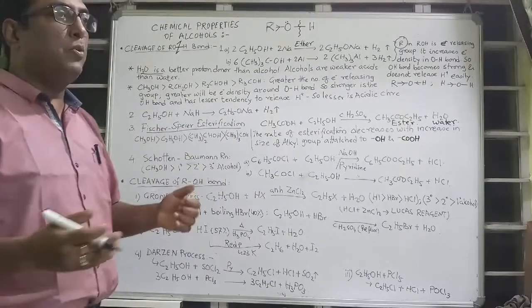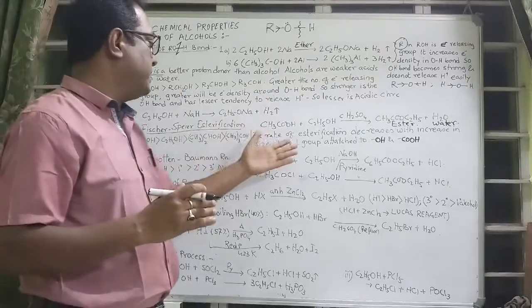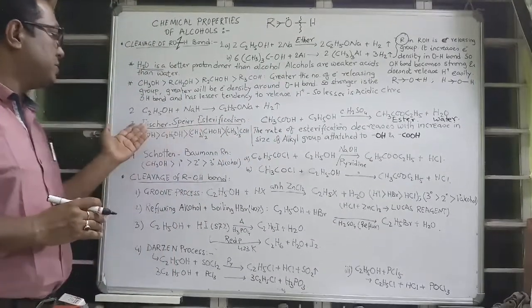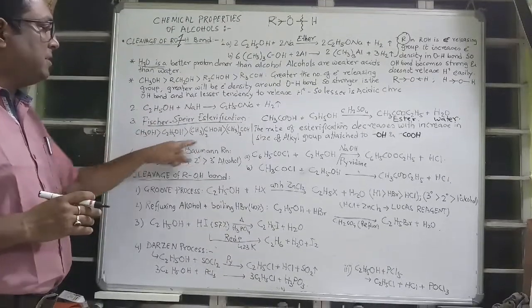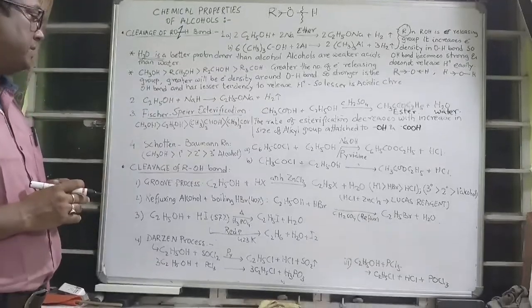With more molecular weight of the alkyl group, the esterification will decrease. It was first conducted by Fischer and Speier, and it is called Fischer-Speier esterification. And you can see here, the more the alkyl group, the lesser will be the esterification reaction.